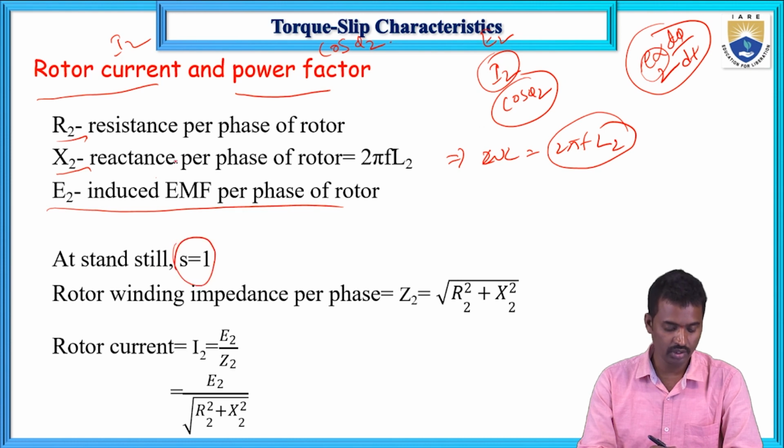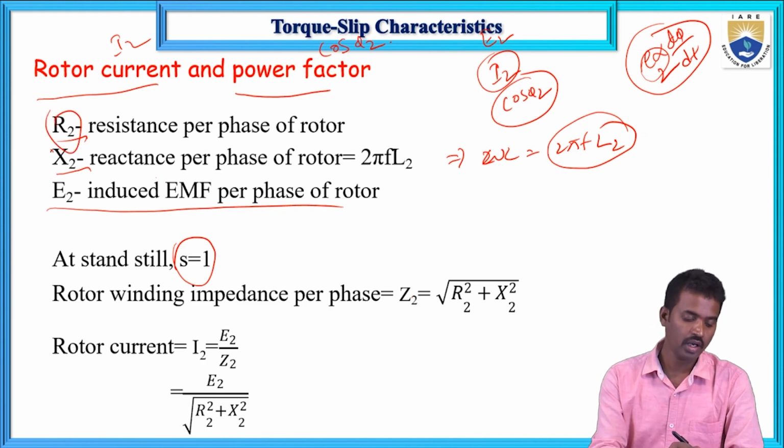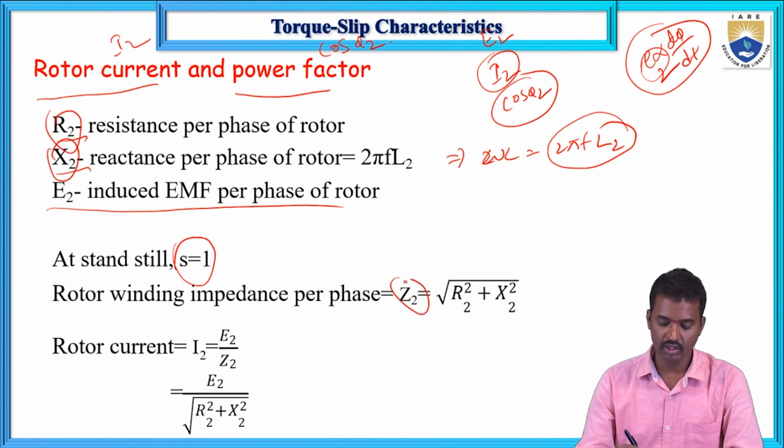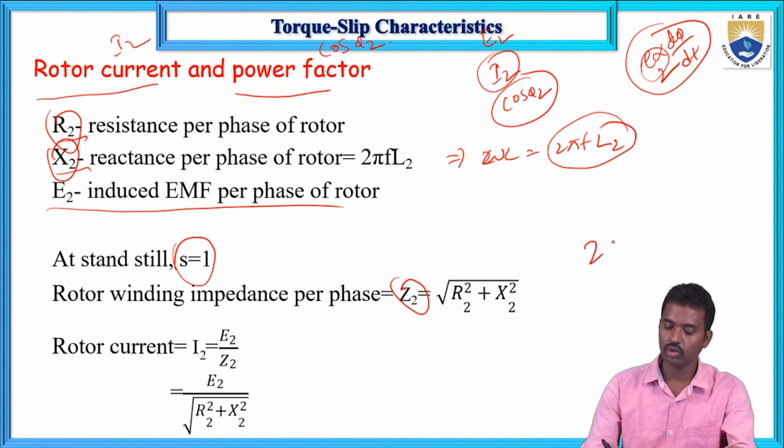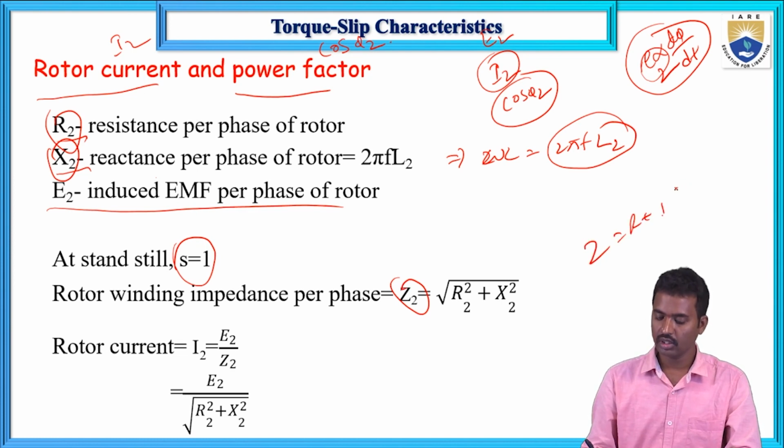Z2 equals R plus jX. If you know R and X, you can determine the impedance value. Taking the magnitude, Z equals square root of R square plus X square.